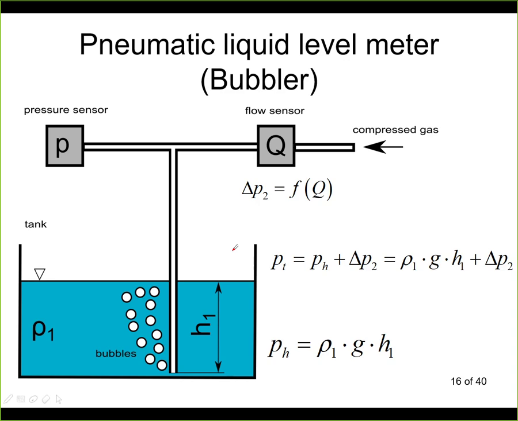And the advantage of this liquid level measurement technique is that the only part that is in direct contact with the liquid is a tube and nothing else. So there is no electronics inside. It can be used for higher temperatures, it can be used for aggressive liquids, and so on. So let's see how this works.